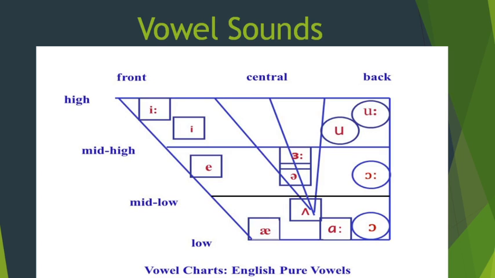Obviously it is also a front vowel. It is produced when the position of the tongue is high. High means close: front close, long vowel. Note down, front close, long vowel.